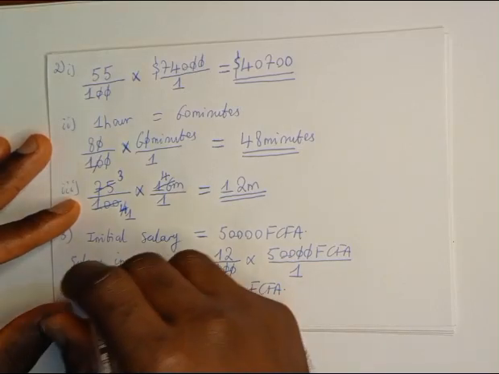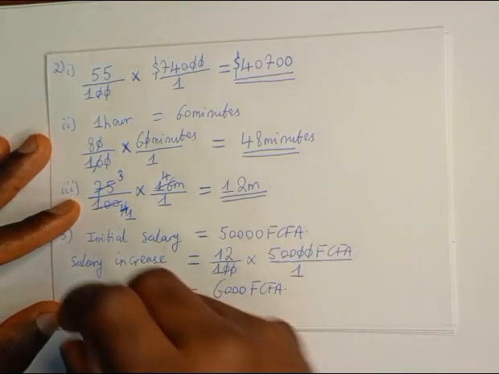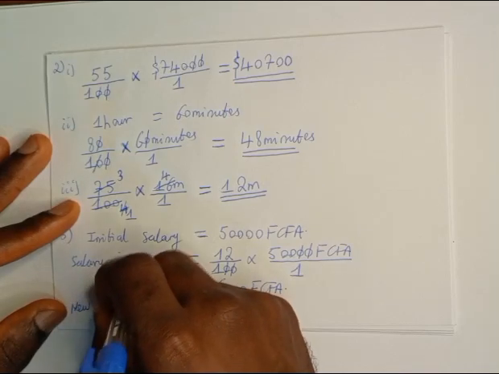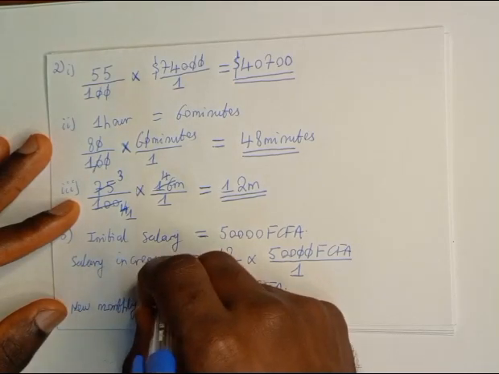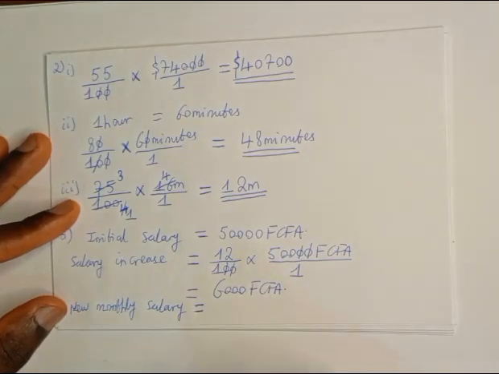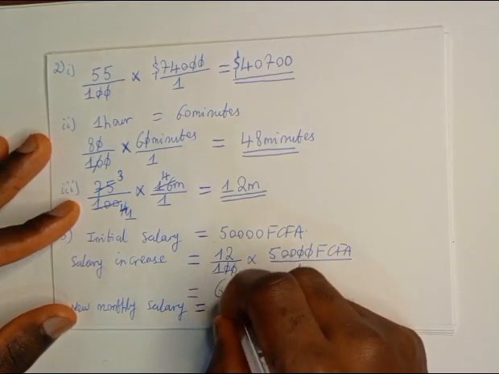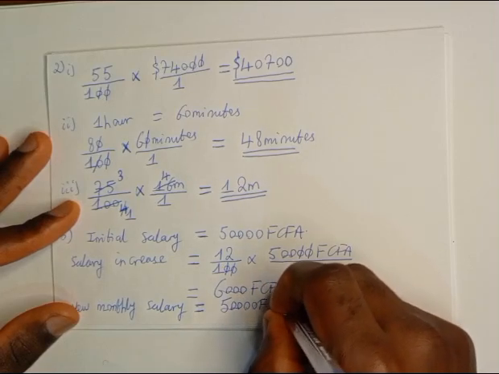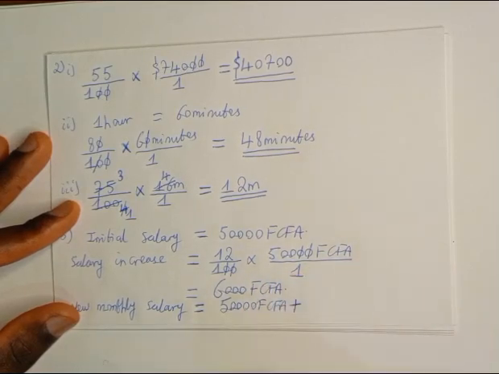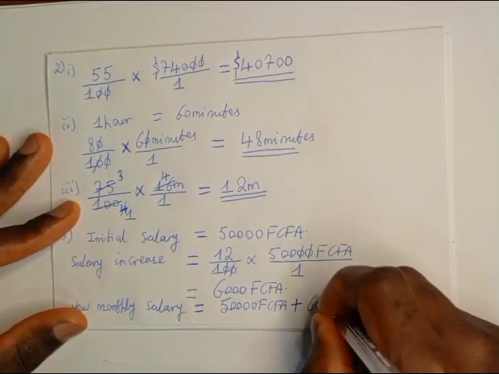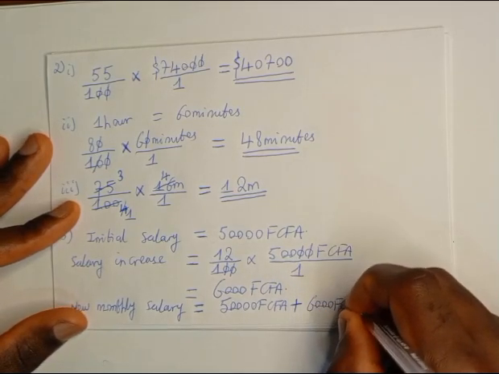Her new salary, her new money salary, will be equal to, we are going to take her initial salary, which is 50,000 francs CFA, plus the salary increase, which is 6,000 francs CFA.